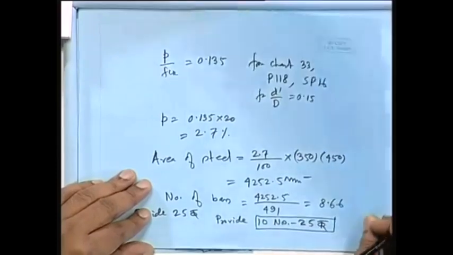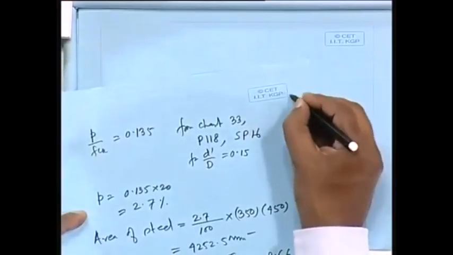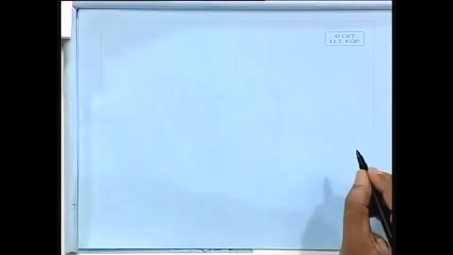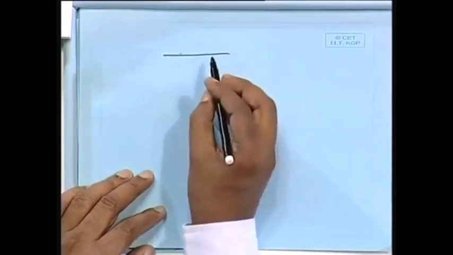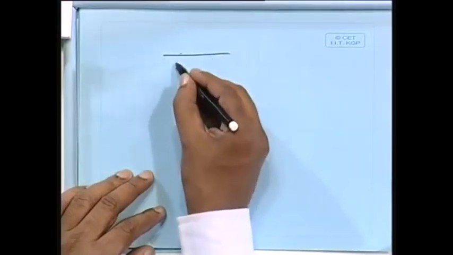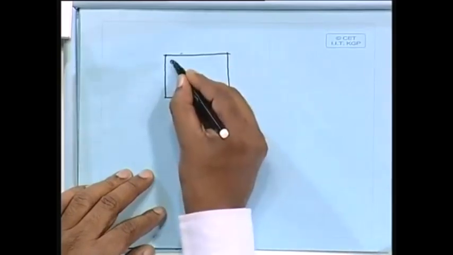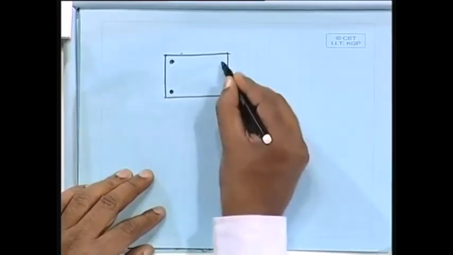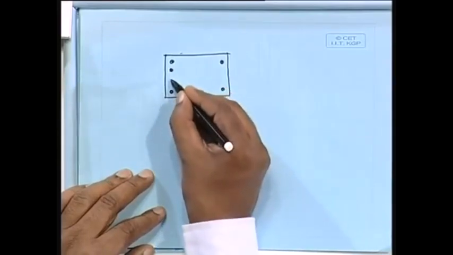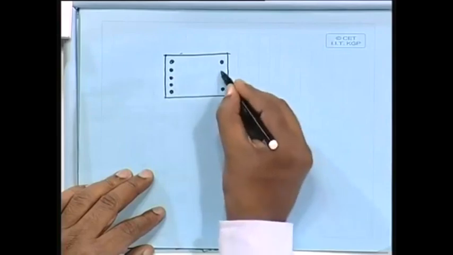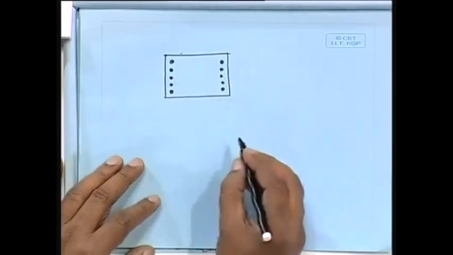Now let us check whether that clause is violated or not, which we have to always check. So we can find out now here: 1, 2, 3, 4, 5, 6, 7, so total 10.